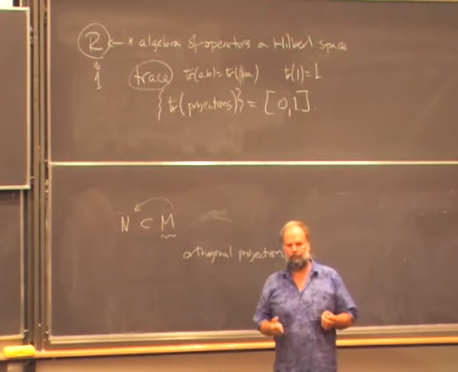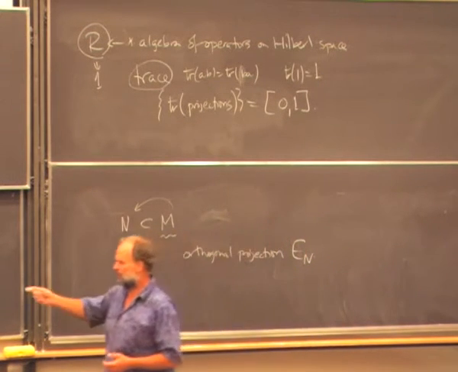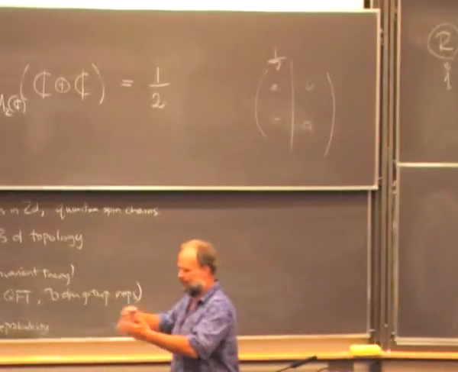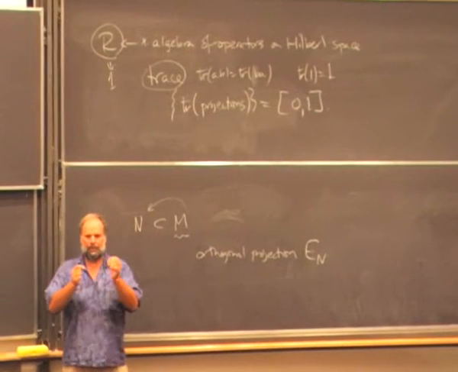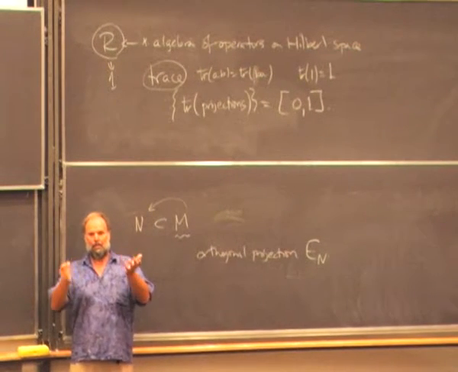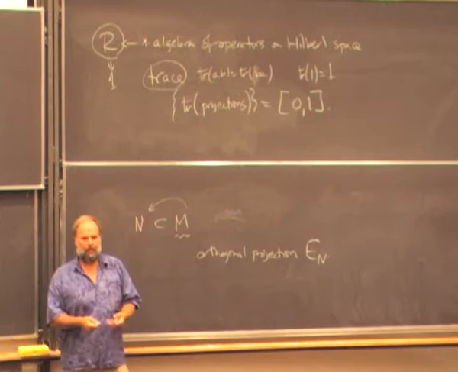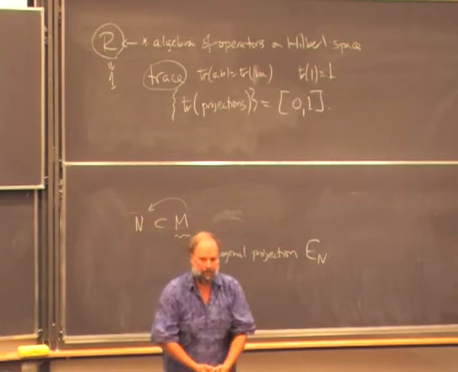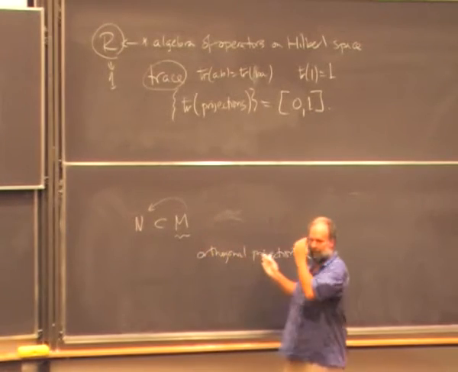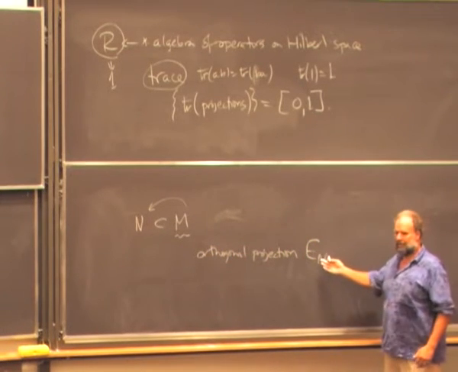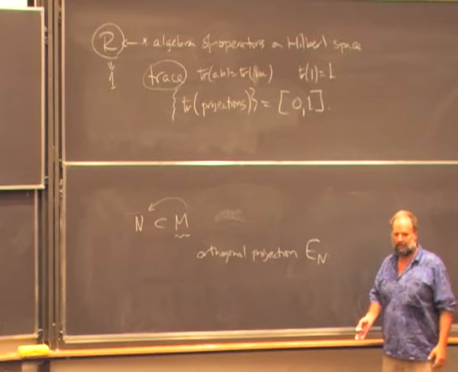we now have two kinds of operators. One which was really going along all the time that I never emphasized, and that was m acting on itself by left multiplication. Okay, that's m itself. It's another way, when you want to represent it, you let it act on itself by left multiplication. So we have that kind of operator, and now we've got another one, which is e_n, the orthogonal projection.